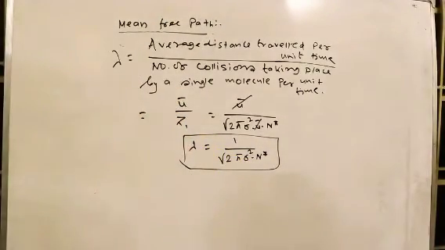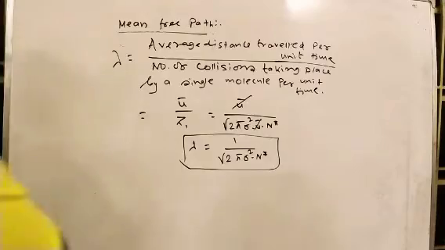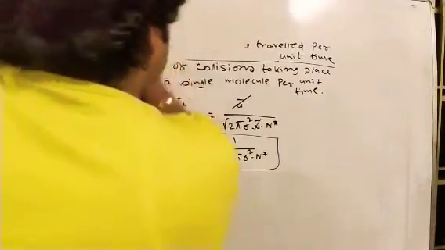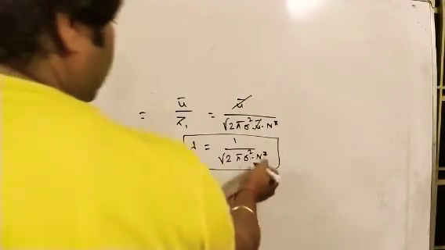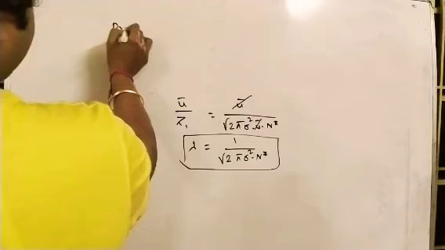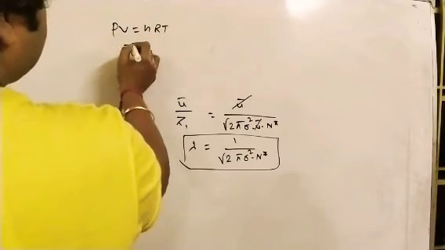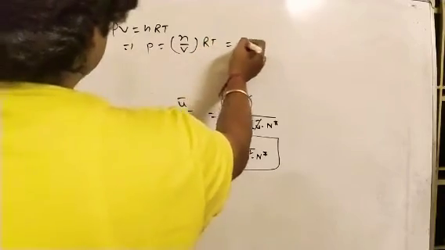Now something very interesting. In this case also we can see that there is n star. So what was n star? We have already done this formula. PV equals nRT, so P equals n by V RT.